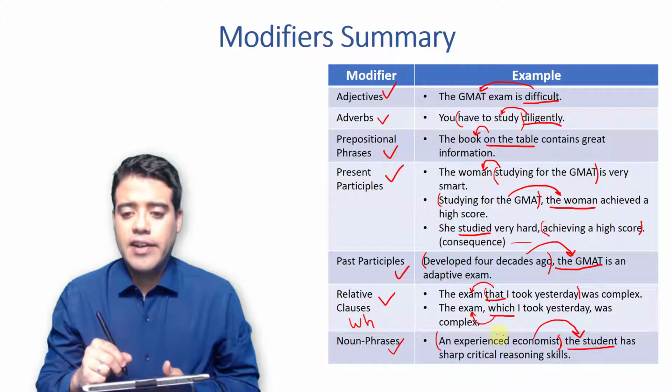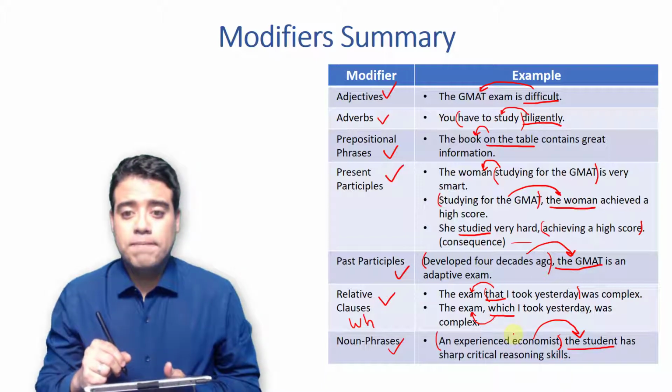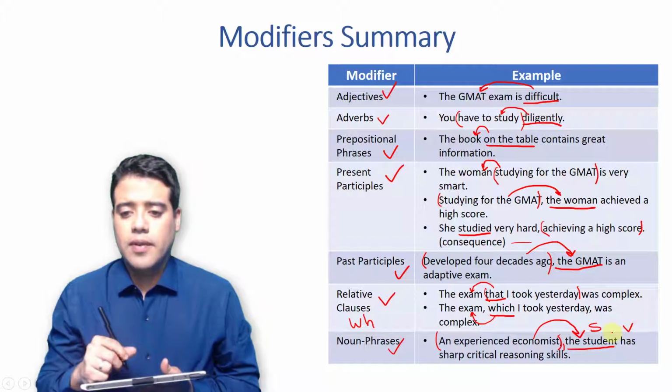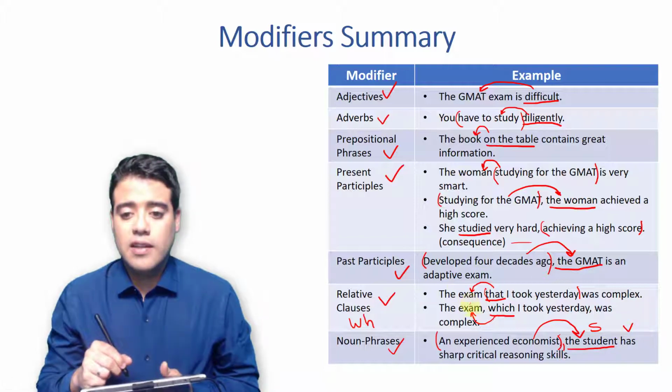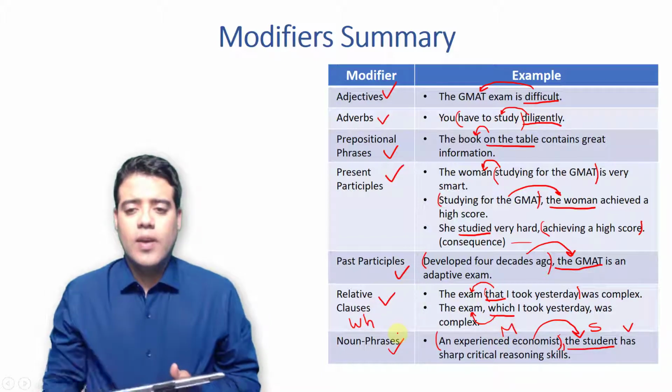The phrase, an experienced economist, sometimes can be confused for a subject, but be careful. Notice that you have a comma here and then a subject plus a verb. That means that the phrase at the beginning was not the subject. It is a modifier.